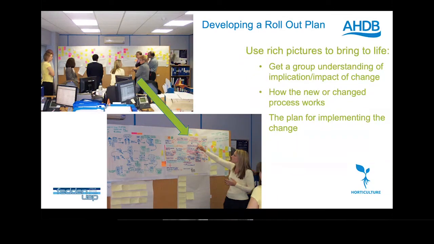Because sometimes people struggle to see it. You know, they might not necessarily see it straight away. If they just see an action plan, which is just a series of activities, they might not fully understand what the improvements are. And when people don't fully understand what the improvements are, that's when you can start to see some resistance to the changes themselves.